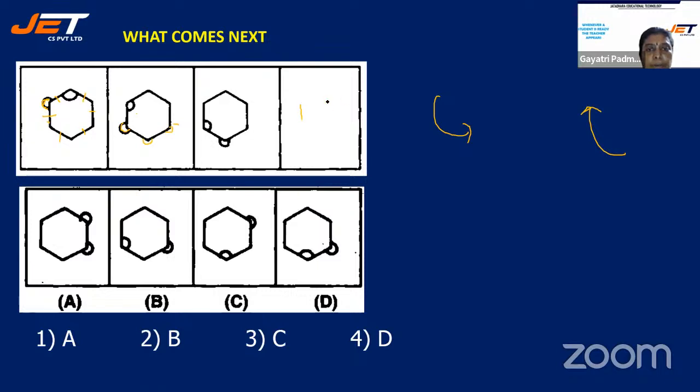So now let's draw 2, 3, 4. Right. So now earlier it was this corner. Next it was this corner. Right. Okay. So now in the last slide it is in this corner. So the next slide it should be this corner.